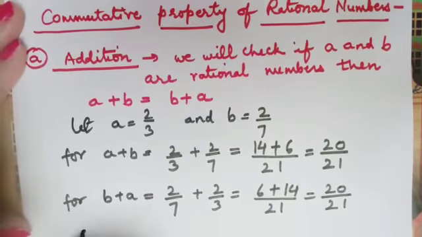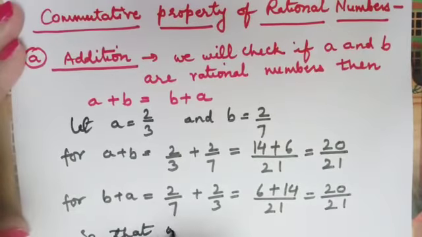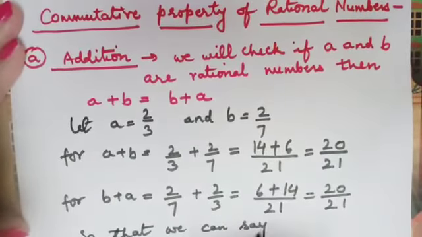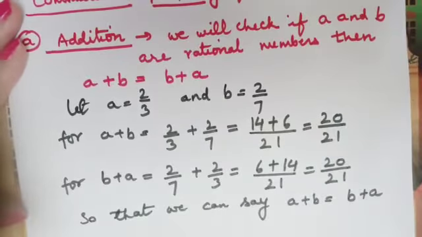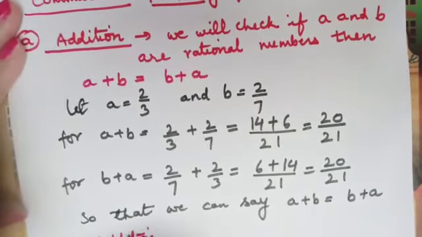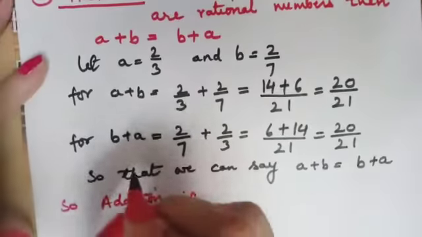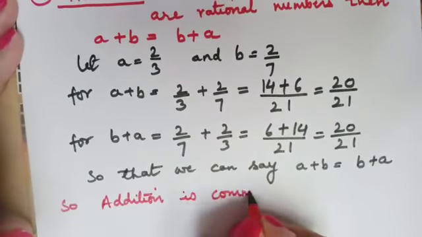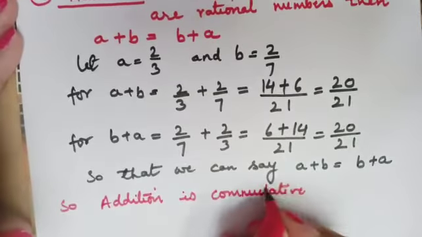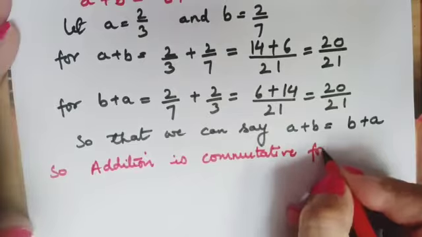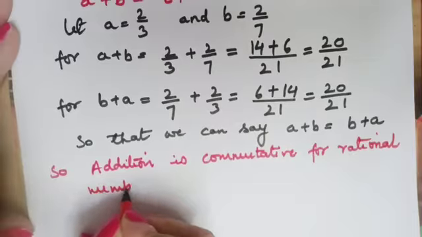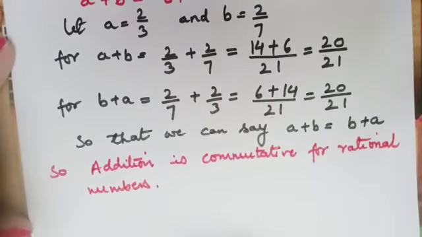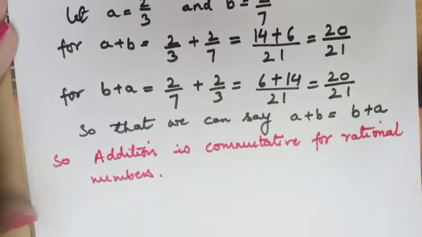So that we can say A plus B is equal to B plus A. So addition is commutative for rational numbers. ये आपको समझ में आ गया? क्लियर है?